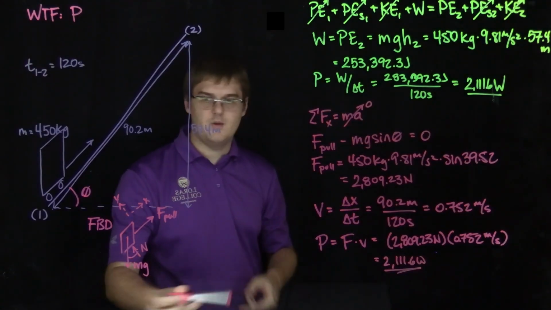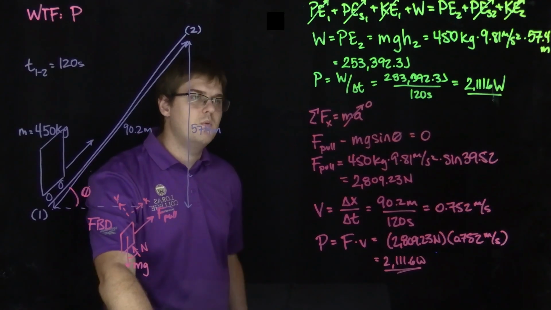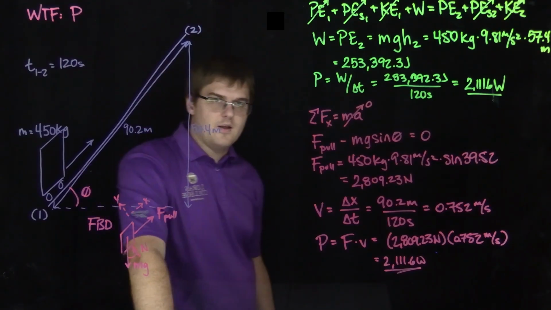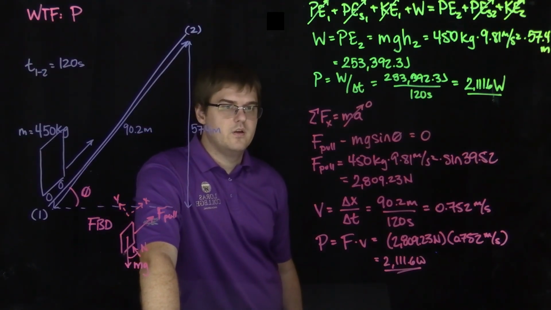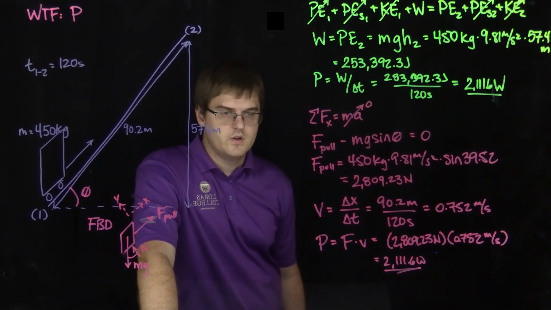Two different ways to do the same problem. Maybe you're given information that makes it easier one way or the other. Maybe you can't use one way or the other, depending on how the problem's set up. But they both come out to the same answer.